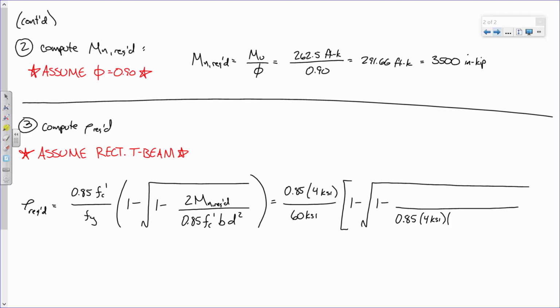Now, your b. We are assuming that this is a rectangular beam. So when we use b, we use the whole width. Okay? So this is the 60 inches that we computed, the effective flange width. And this is d, which is 18 inches, and that's squared.